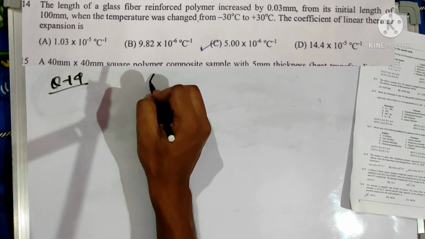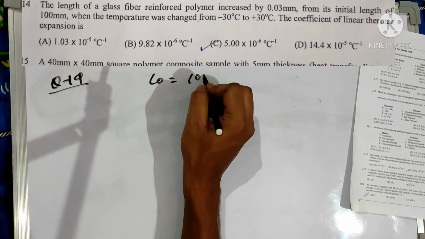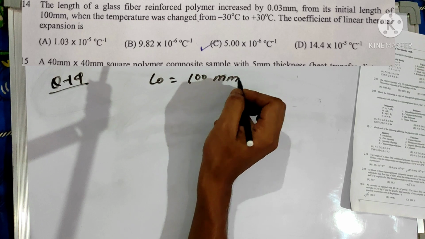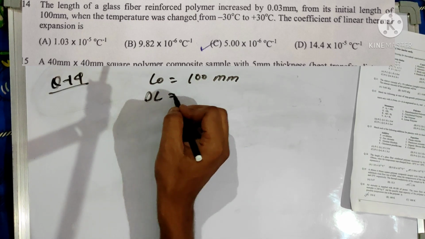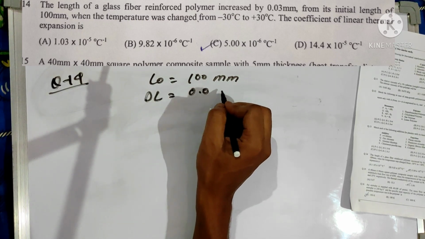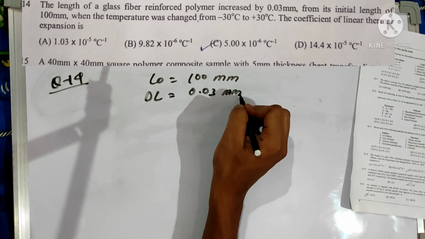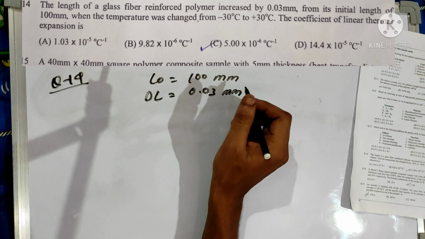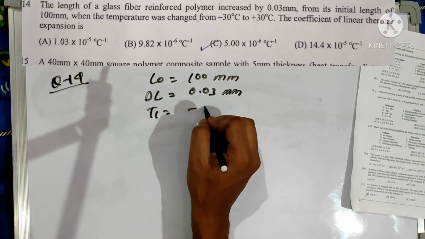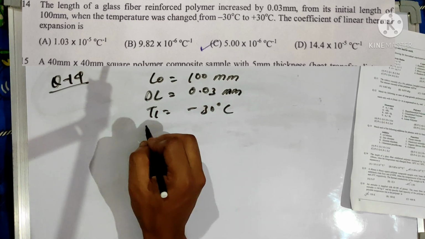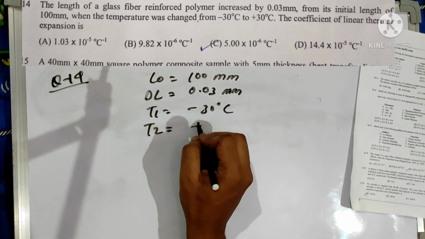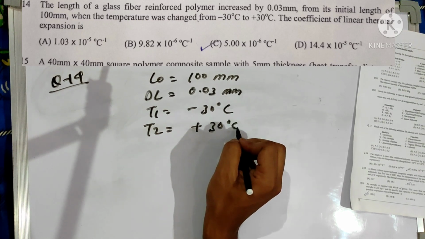Cement polymer L naught is equal to 100 mm and change in length delta L is equal to 0.03 mm, and initial temperature T1 is equal to minus 30 degrees centigrade and final temperature T2 is equal to plus 30 degrees centigrade.